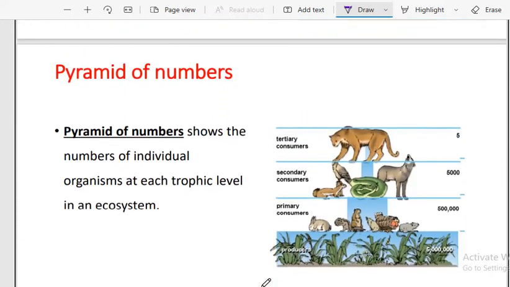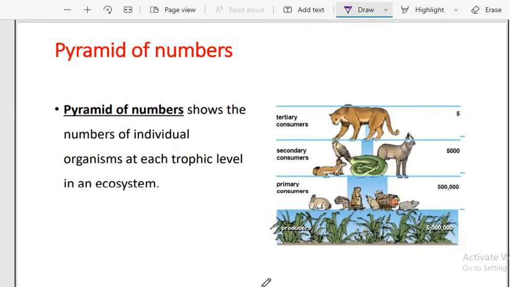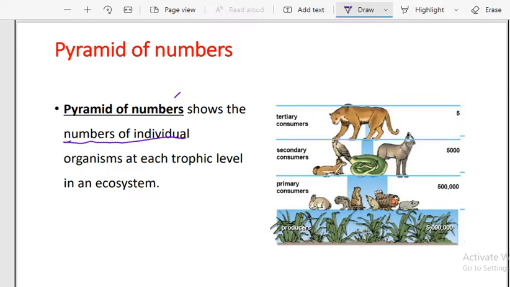Now, in the case of pyramid of numbers, it just shows the number of individual organisms at each trophic level.